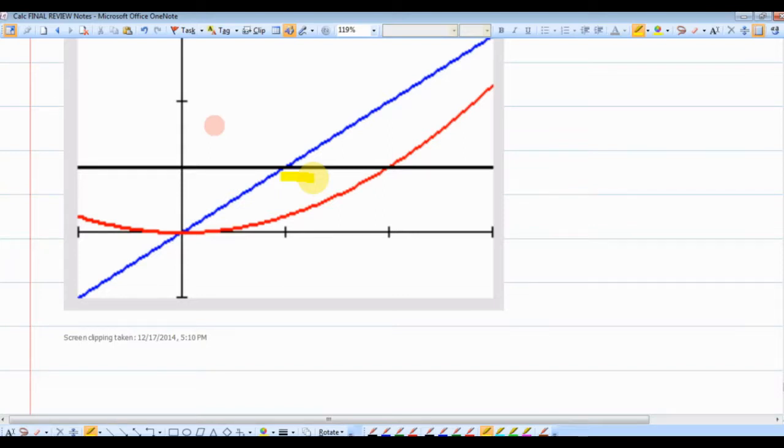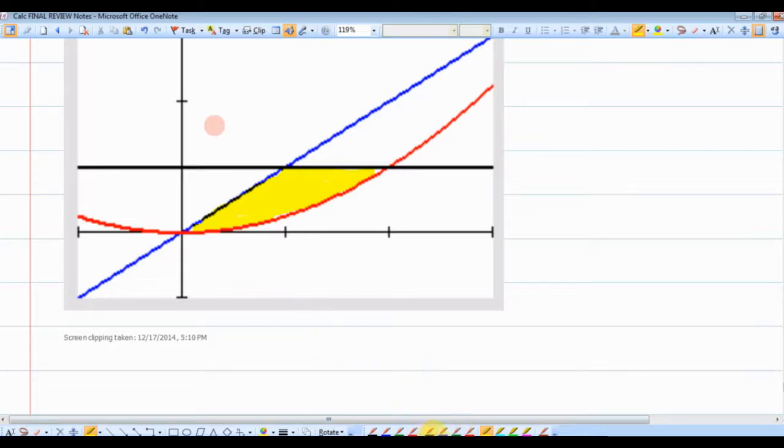Oh my goodness, it's amazing what they can do with technology nowadays. We want this region right here. We want that region right there.